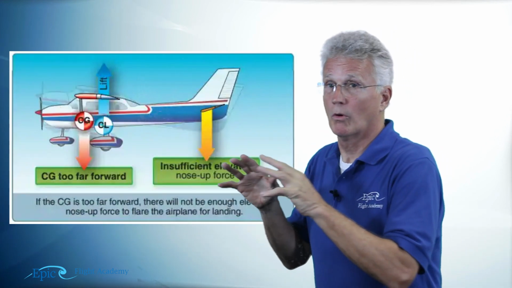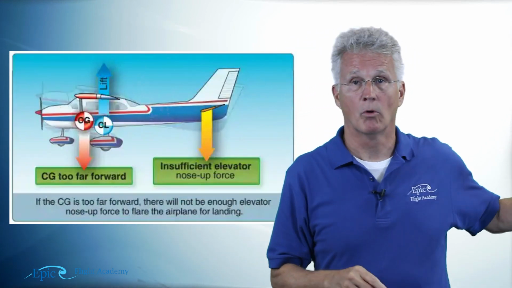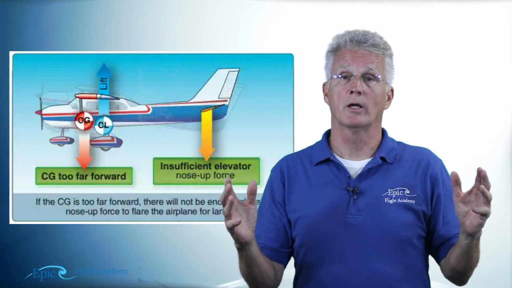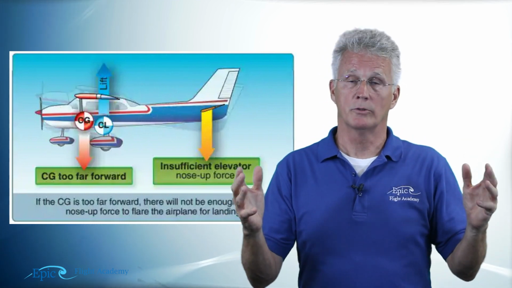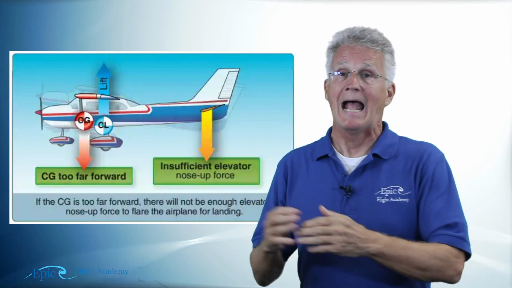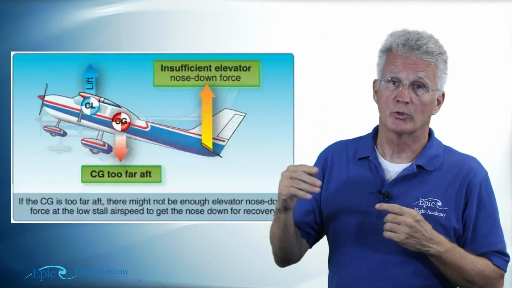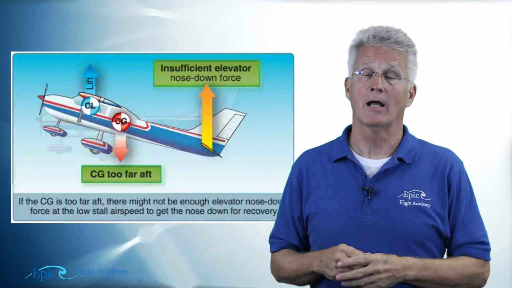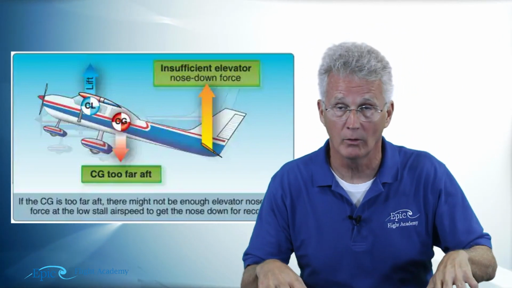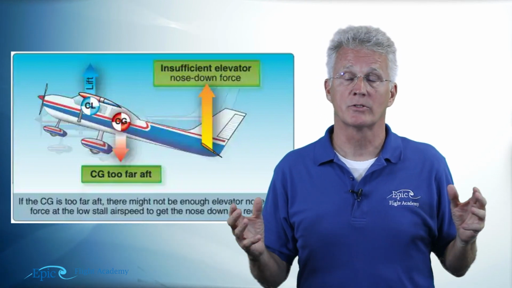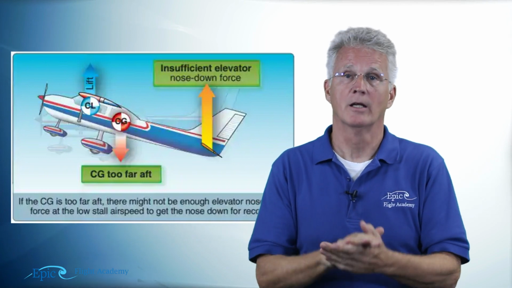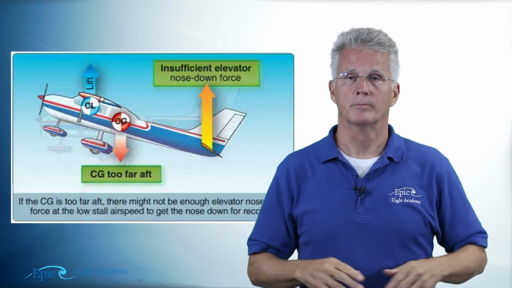Okay, forward CG, more pitch down moment, more tail downforce, more total downforce, larger angle of attack, more induced drag. Aft CG, there's less pitch down moment, so less tail downforce, so less total downforce, so less lifting force, smaller angle of attack, less induced drag.